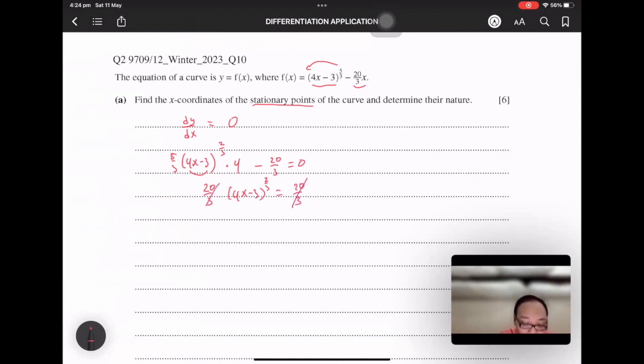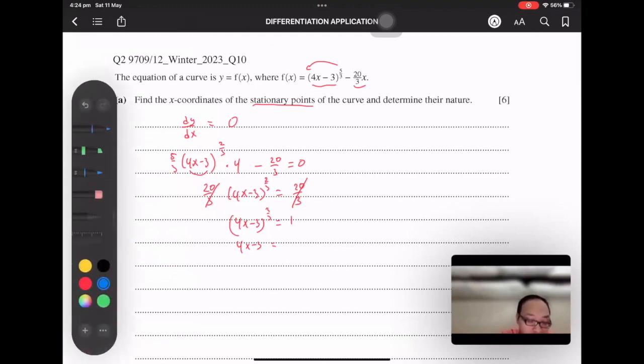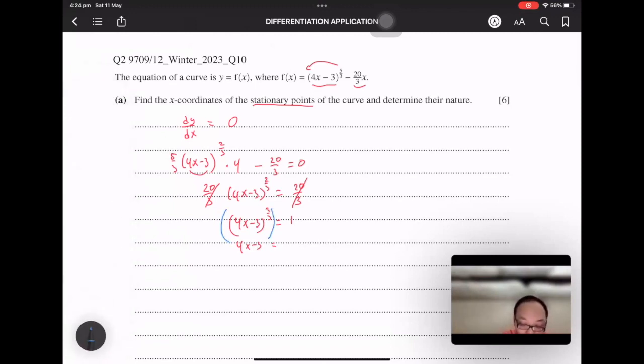I can cancel. So (4x - 3)^(2/3) equals 1. That means (4x - 3) equals... So we cube and then we square root on both sides, so we take the power of 3/2 on both sides.